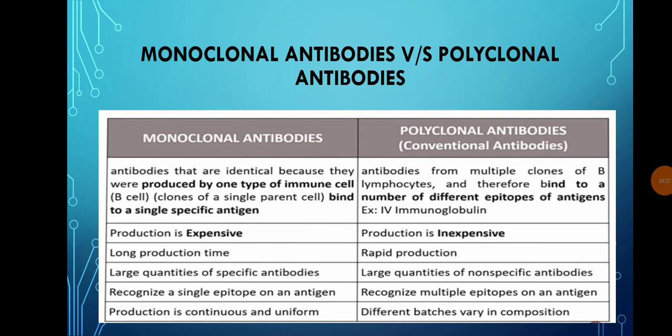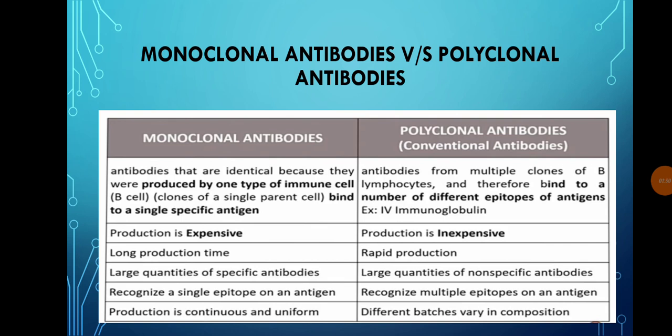Monoclonal antibody versus polyclonal antibodies. Monoclonal antibodies are antibodies that are identical because they were produced by one type of immune cell, B cells, clones of a single parent cell, and bind to a single specific antigen. In the case of polyclonal or conventional antibodies, those are antibodies from multiple clones of B cells and therefore bind to a number of different epitopes of antigens.